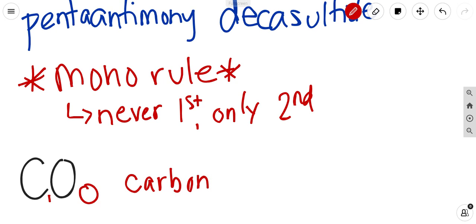But I am going to write it second. And then oxygen becomes oxide. So this compound is carbon monoxide. So I don't write monocarbon monoxide. That is redundant. You're not going to do that. Mono never goes first. Mono only goes second.